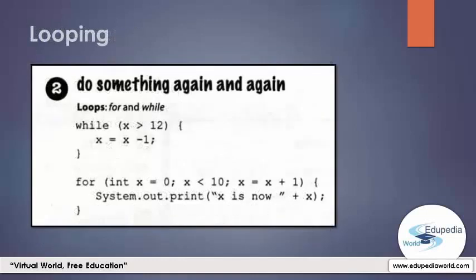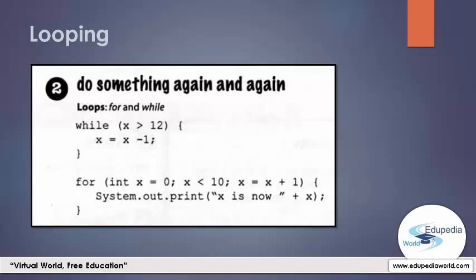Then again, your code can tell the Java Virtual Machine to do something again and again, and that's using loops. For and while loops. In the first code segment we are seeing a while loop, and in the second code segment we are seeing a for loop. Both of the loops have a parenthesis part and a curly brace part.